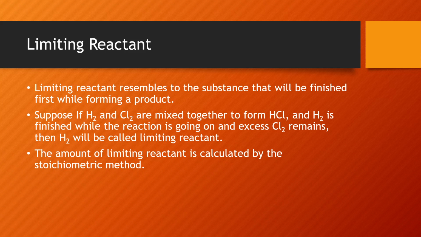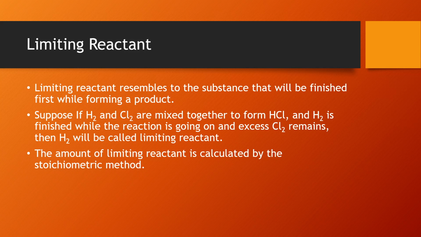So you can make 4 burgers completely, and then one bun will be in excess. The patty is short in supply, so the patty will be the limiting reactant here and the bun will be in excess.